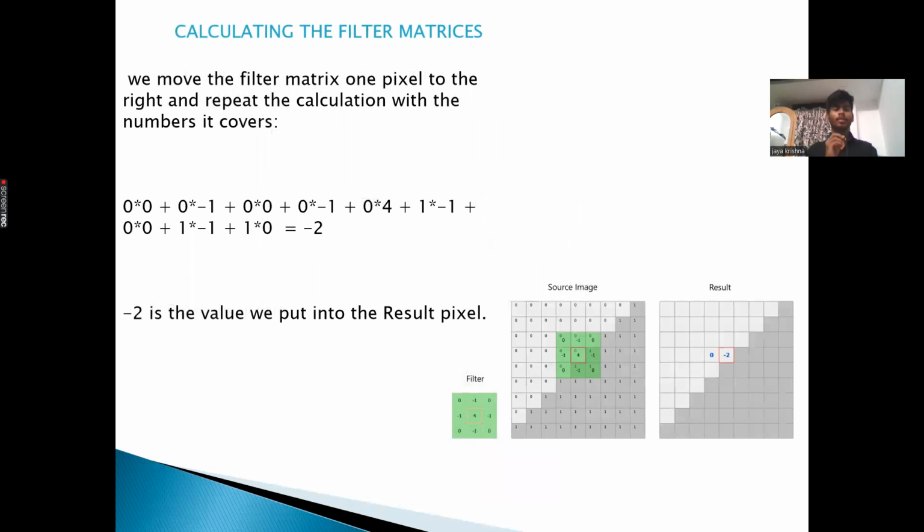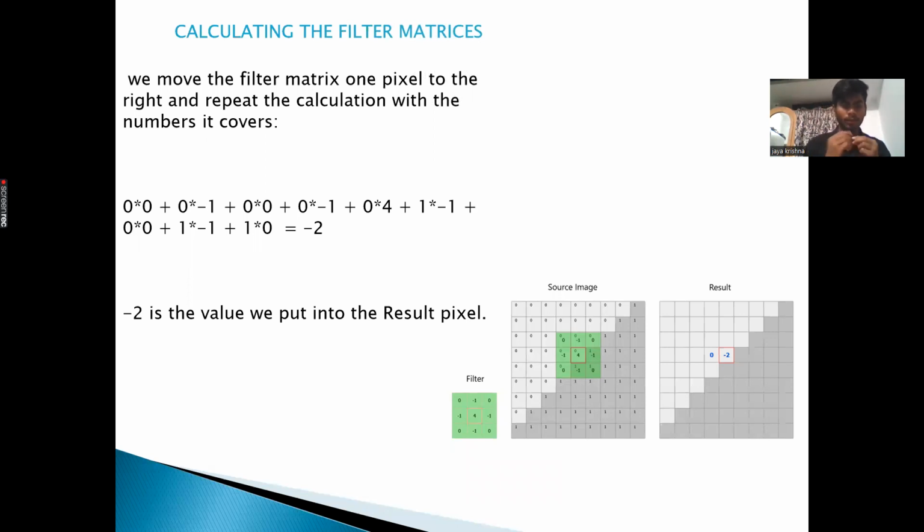So here comes the part of the calculation of the filter. How can we calculate with the filter matrix? The calculation includes moving the filter matrix one pixel to the right and repeating the calculation with the numbers it covers.